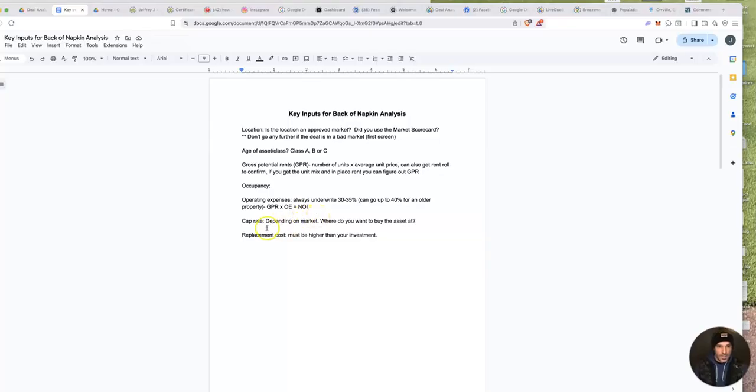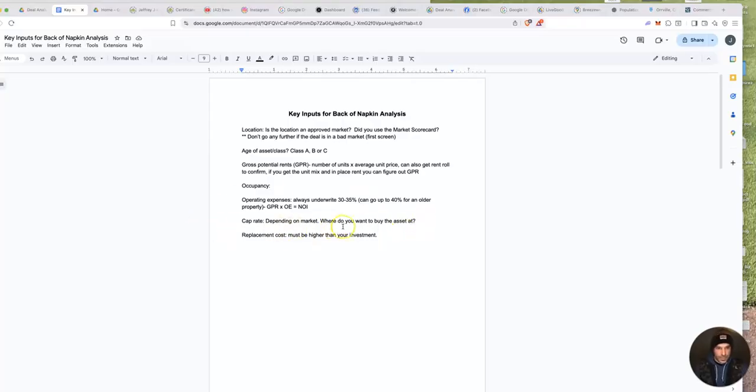All right, and then cap rate. Depending on the market, cap rates are going to be lower in a Class A market compared to a Class C. You want to make sure you're buying appropriately, at least in my opinion, and you've got to figure out where you want to buy the asset in order for you to make money, if you've got investors to pay, things like that.